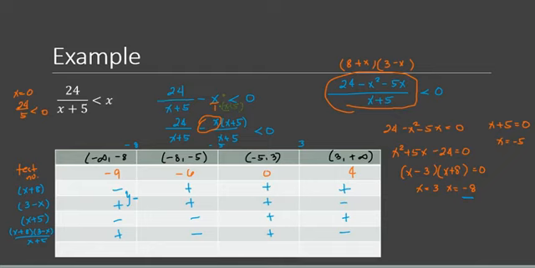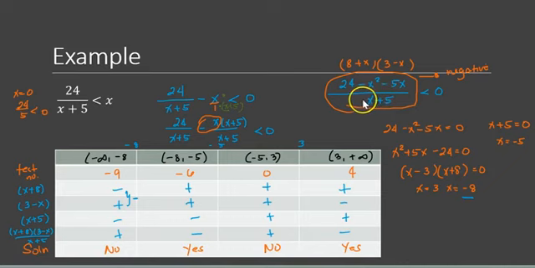For the solution, we want this to be less than 0, so we're looking for the intervals where the expression is negative. These are the solutions. The others are not solutions because they give a positive number.